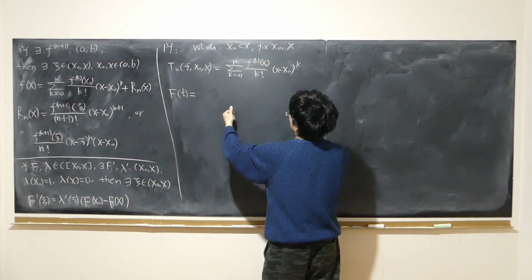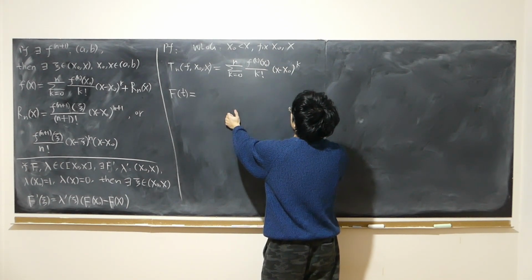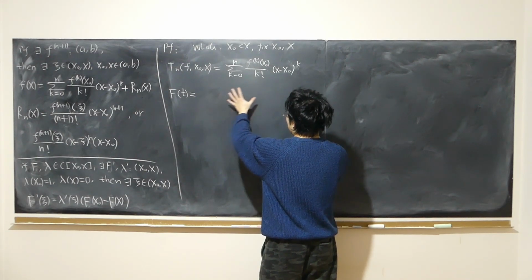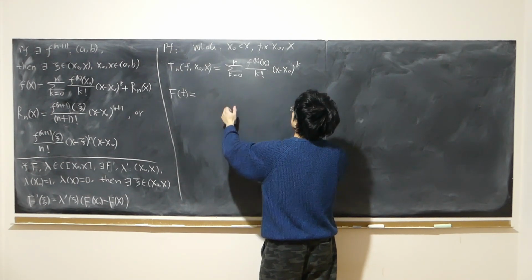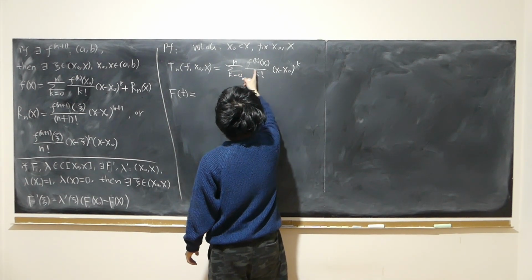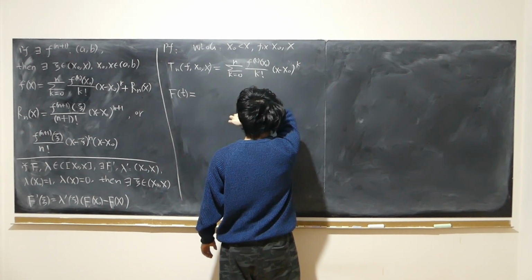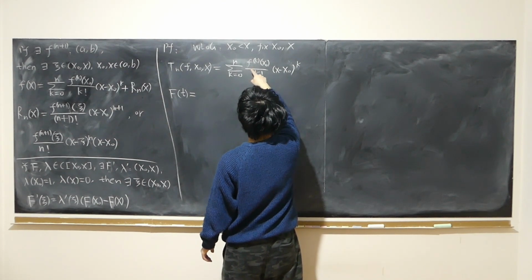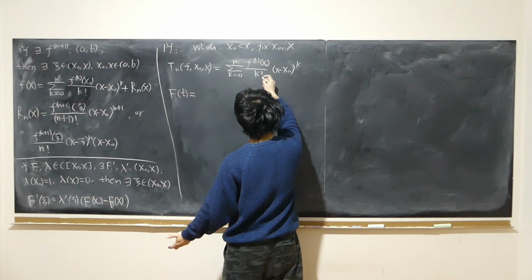This is my capital F. I'll explain why, though I don't know the motivation. The first term, the zeroth order derivative, is the function itself, with x naught replaced with t, just f of t.